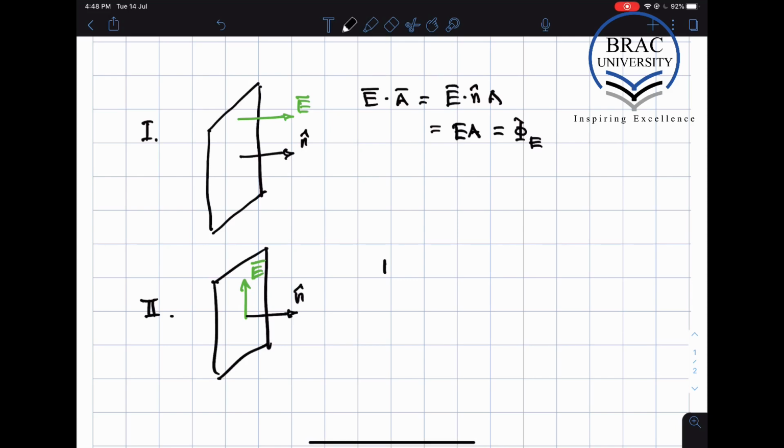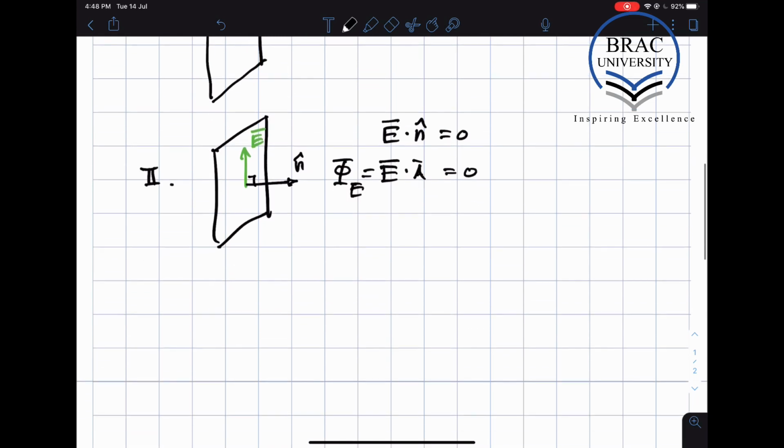If I take the dot product between E and n, of course this is going to be 0 because this angle is 90 degrees. And therefore, if I take the dot product between E and the area vector, that is also going to be 0. So this is our flux for this second case.